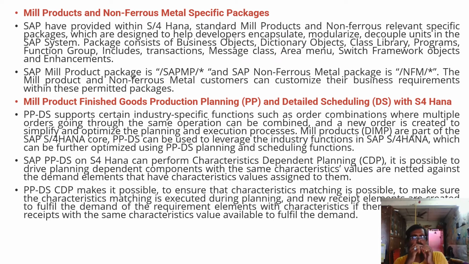Next, we have steel products and non-ferrous metal specific packages. SAP has provided within S/4HANA the standard mill products and non-ferrous relevant specific packages, which are designed to help developers encapsulate, modularize, and decouple units in the SAP system.